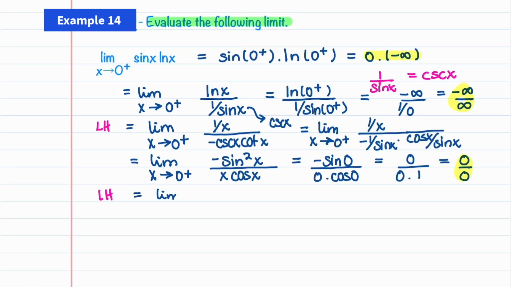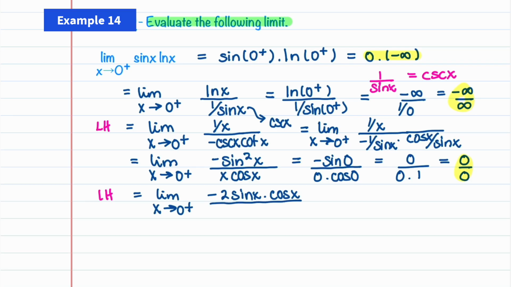This is the limit as x approaches 0 from the right. We're going to take the derivative of minus sine squared x. We're going to have to use the power rule, so this is minus 2 sine x times cosine x.